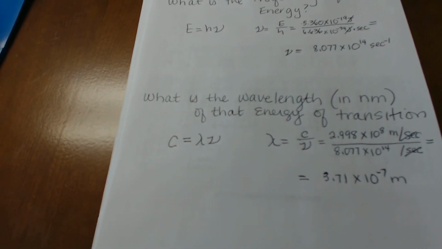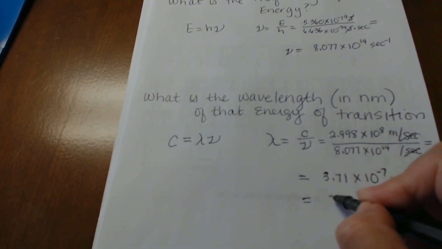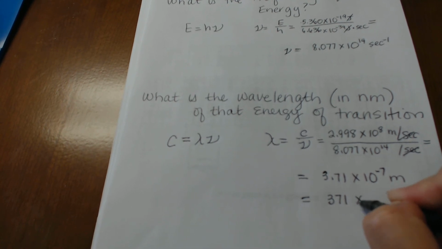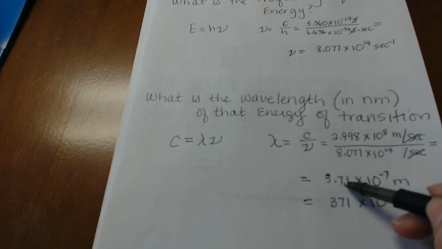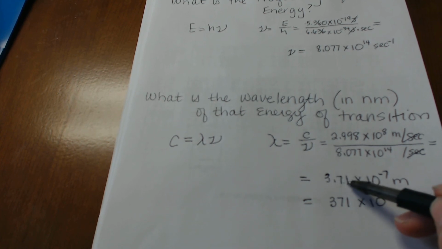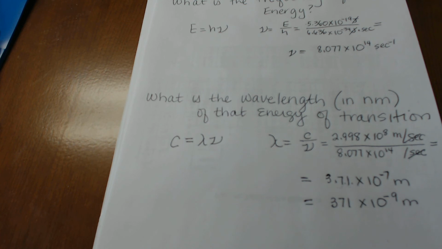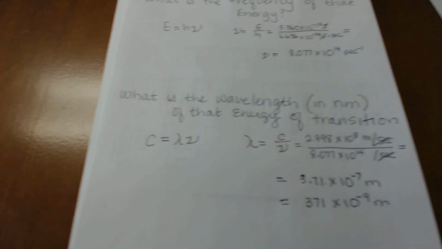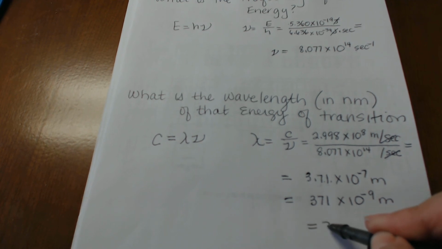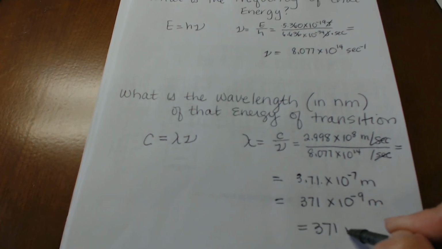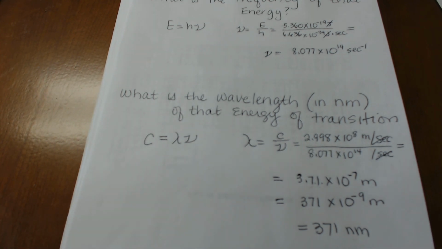Nano means 10 to the minus 9, so the easiest way to convert this is to change this to 371 times 10 to the minus 9th meters. So every time I move this over, that would be 10 to the minus 8th, 10 to the minus 9th. So 371 times 10 to the minus 9th meters, which is not proper scientific notation, but for us it works, because then that's the same as 371 nanometers. 10 to the minus 9th meters is a nanometer.